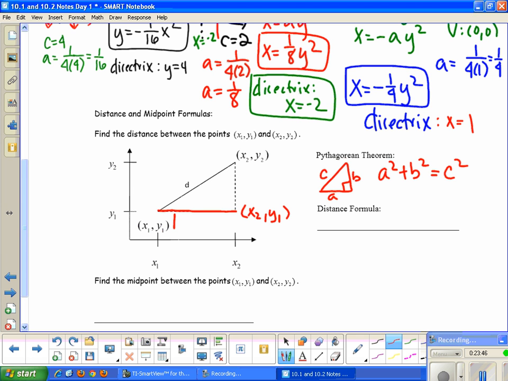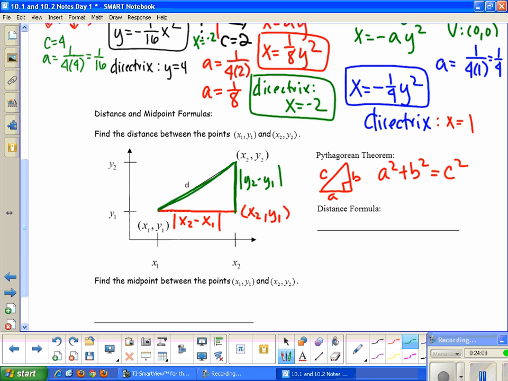The distance from here to here would be your x2 minus x1, and distance is always positive, that's why I put the absolute value there. The distance from here to here, you subtract your y values, so that distance would be the absolute value of y2 minus y1. If I wanted to find this length, I can use my Pythagorean theorem.